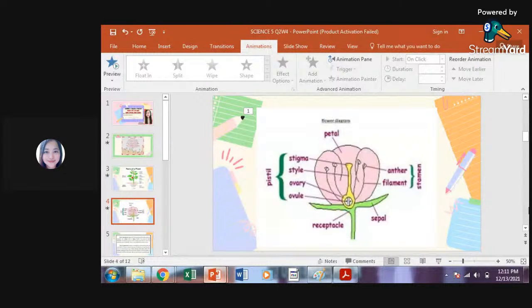The pistil is the female part of a flower. It consists of the stigma, style, and ovary. The style connects the stigma to the ovary. It is tall enough to drop pollen grains.